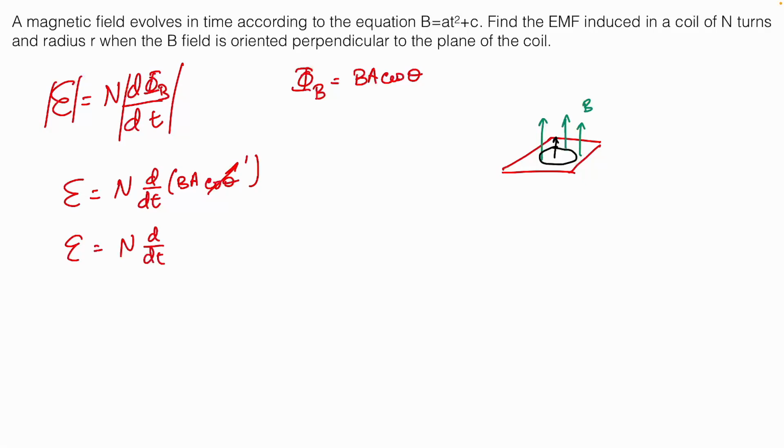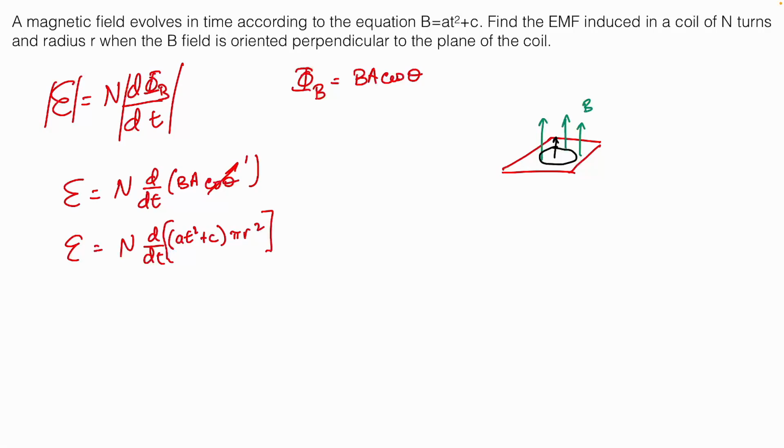So this is the EMF equals N times d/dt of my field, which is A t squared plus C, times my area. It says radius R, so I'm going to assume it's a circle, so that would be pi R squared. That's technically all inside the derivative right now, but can I pull stuff out?